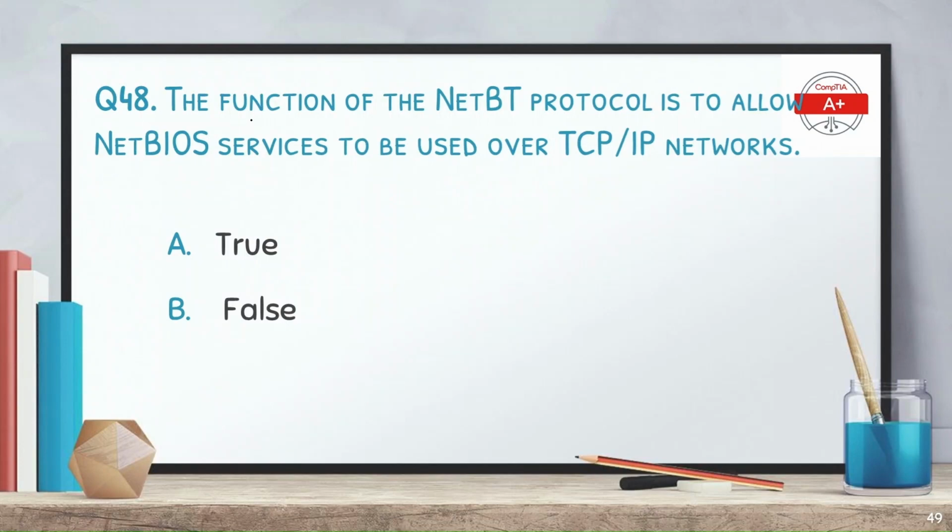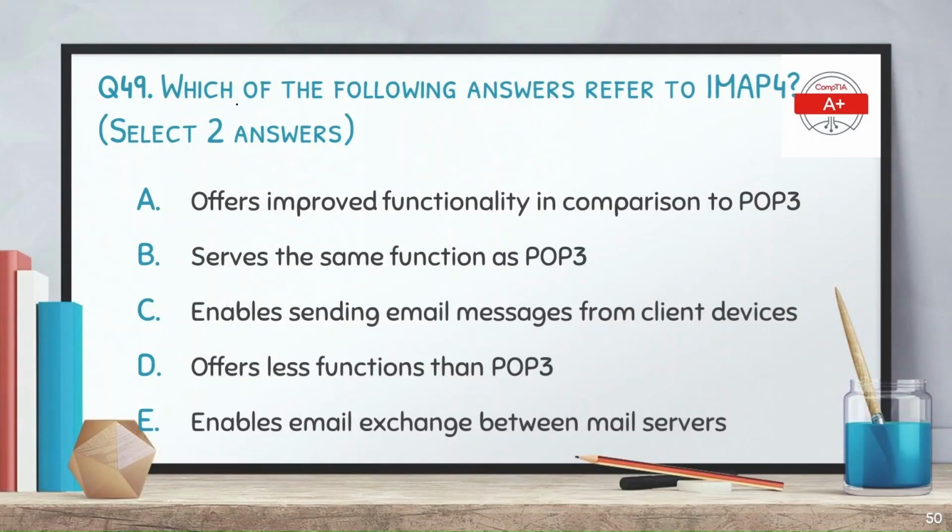Question number 48: the function of the NetBT protocol is to allow NetBIOS services to be used over a TCP/IP network. The options are A, true, and B, false. The correct option is true. Question number 49: which of the following answers refer to IMAP4?